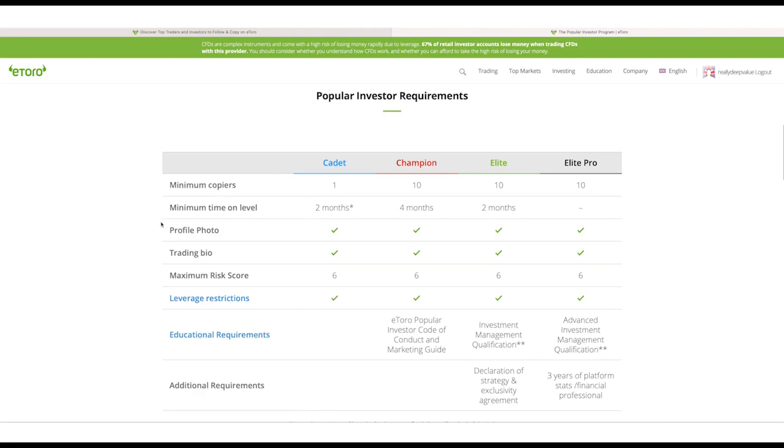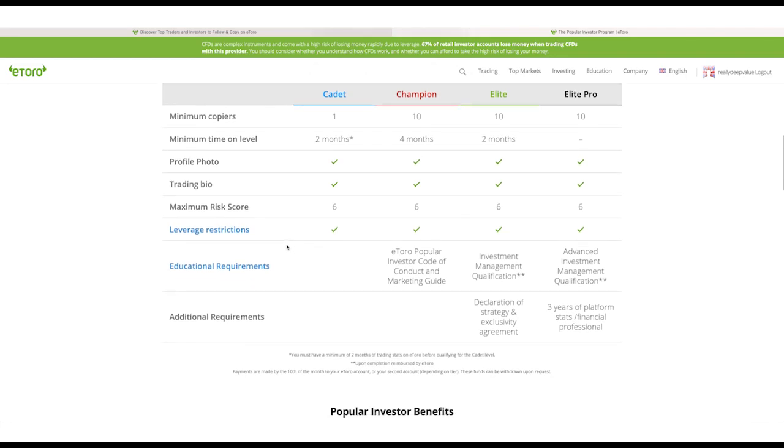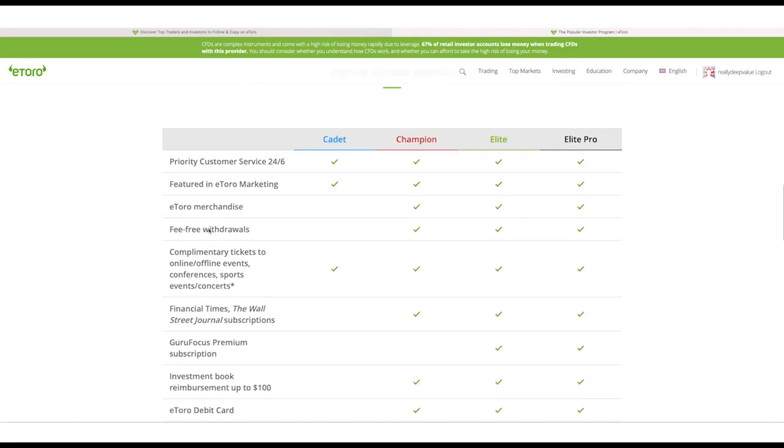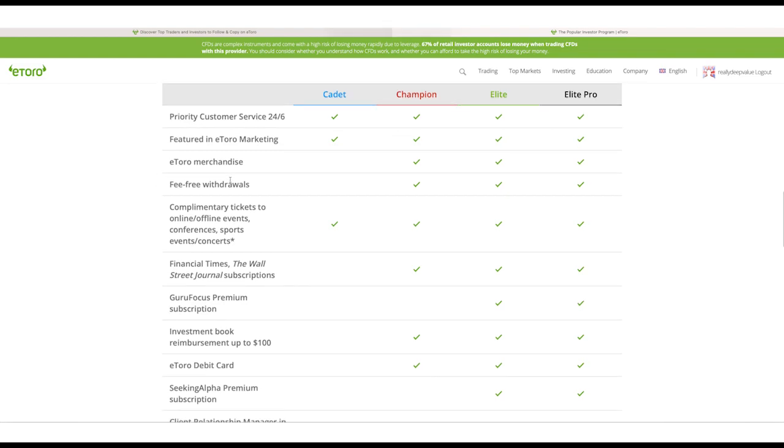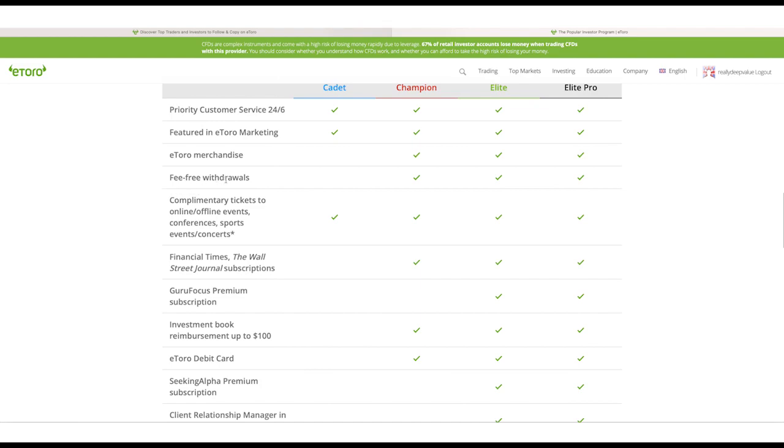You have to have at least one copier, have 2 months on the platform, etc. And the benefits: priority customer service, which is nice, eToro marketing, so you might feature in some press releases. You get eToro merchandise, fee-free withdrawals.